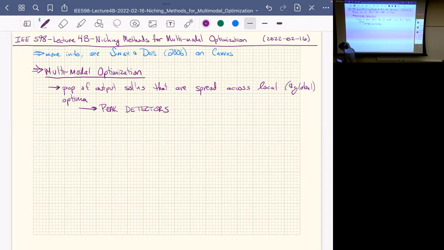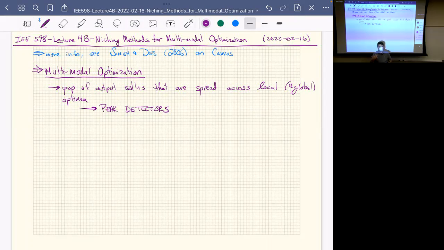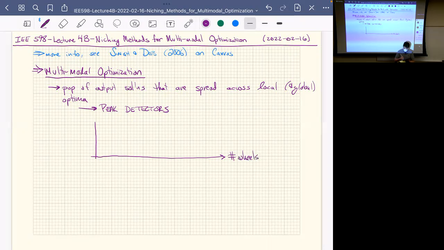Now, there are a number of reasons why you might want to do this. Sometimes it's actually just useful to have other alternatives that are themselves interesting, good in their own right. So for example, and this is a cartoony example, imagine you had some parameter like the number of wheels on a vehicle.